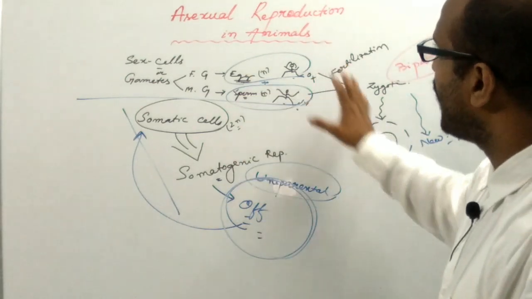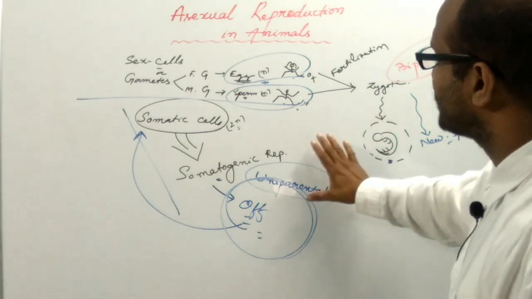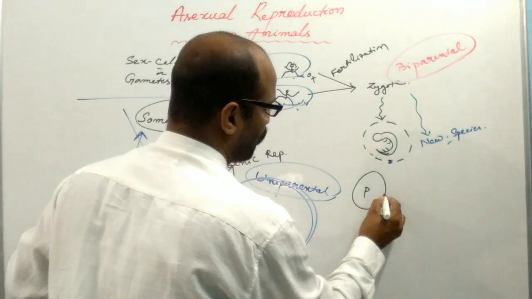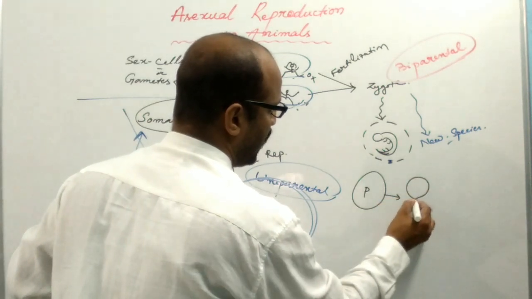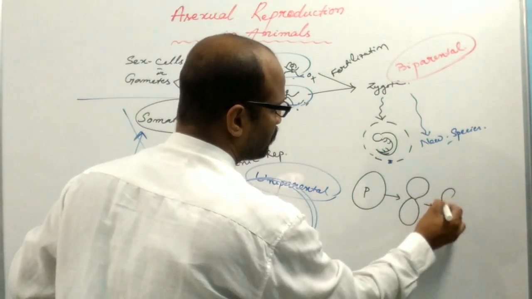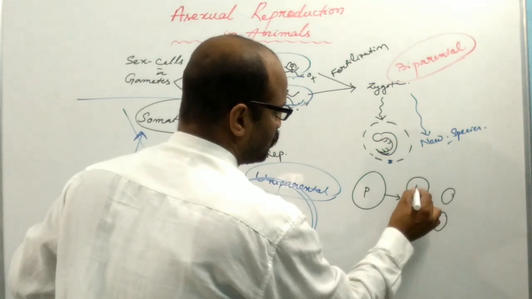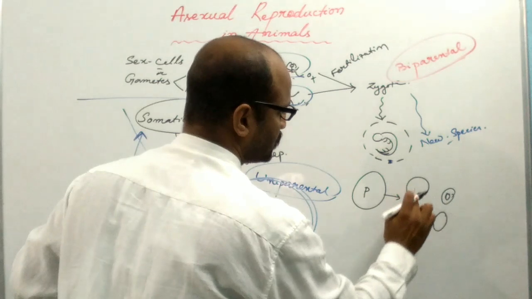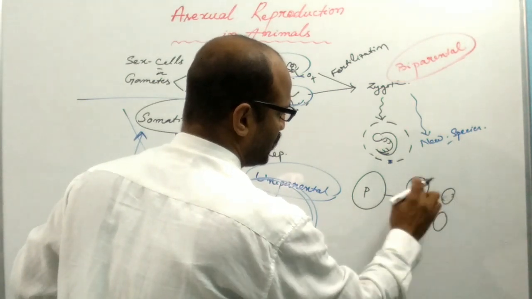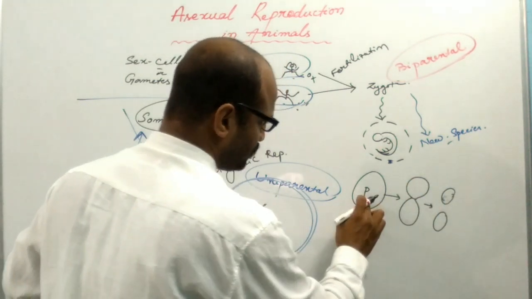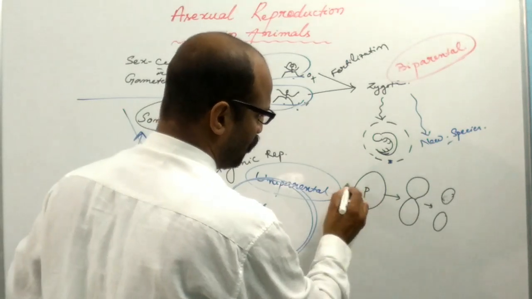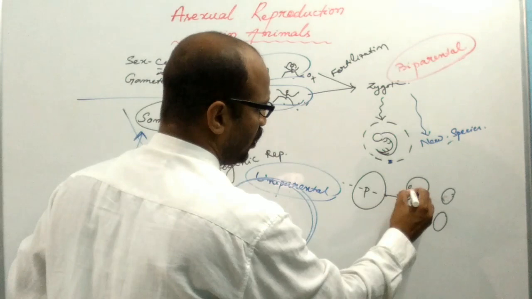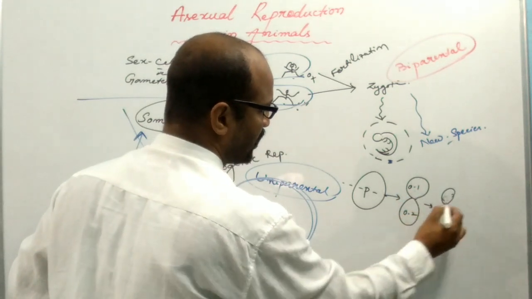So this is the complete idea about asexual reproduction. Suppose that this is the parent body which divides and forms two offspring. The body of the parent divides into two and produces offspring 1 and offspring 2.